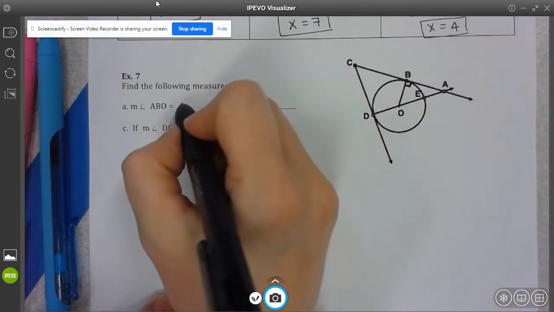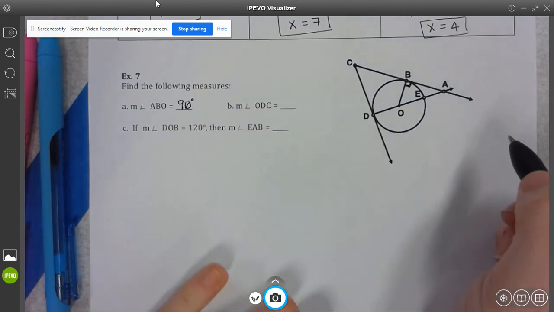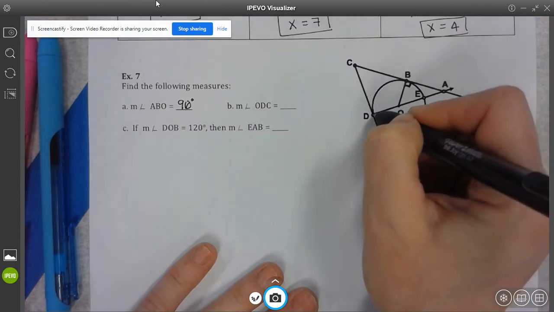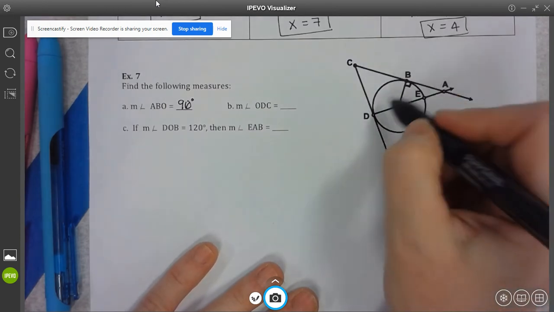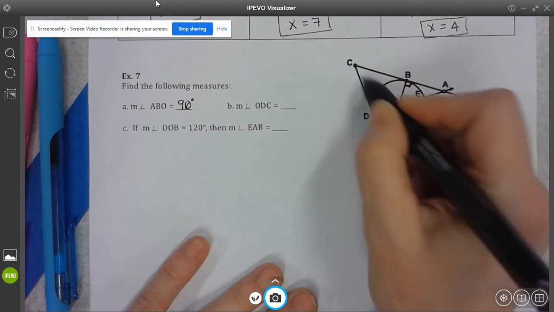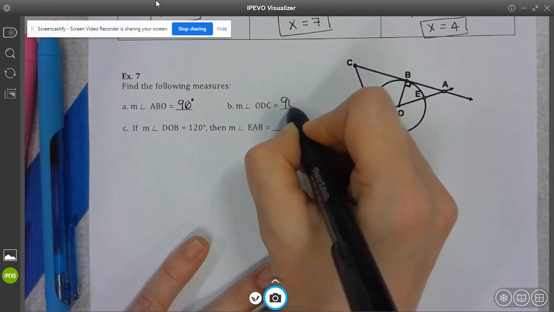So that has to be 90 degrees because they meet at right angles. ODC. So this angle here, I have another radius meeting a tangency line. So this also has to be 90 degrees.